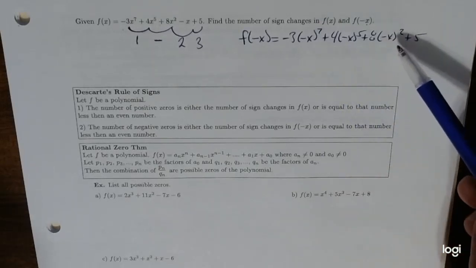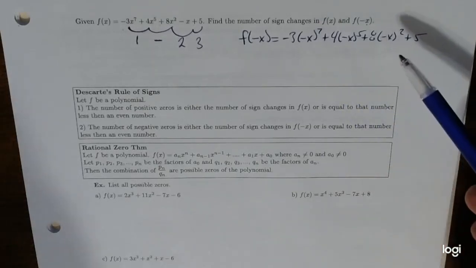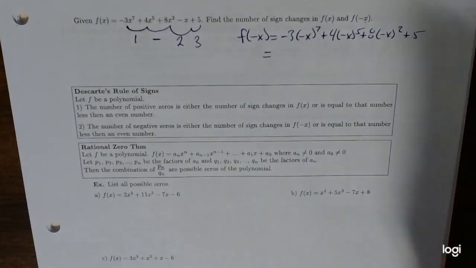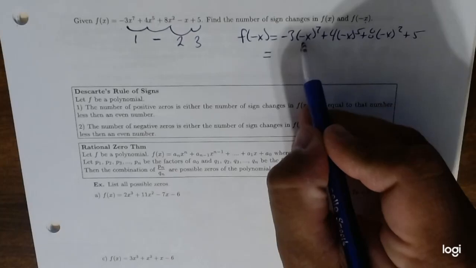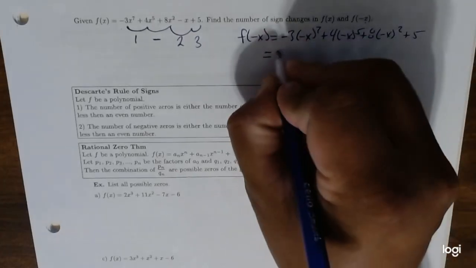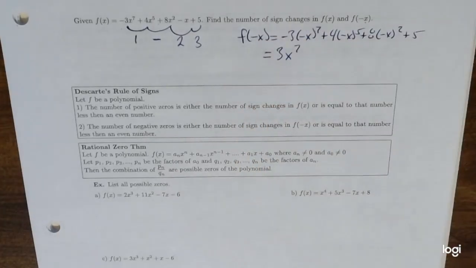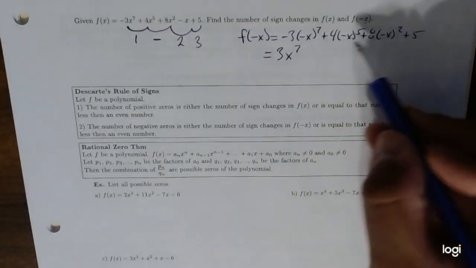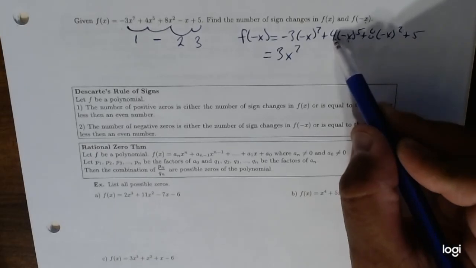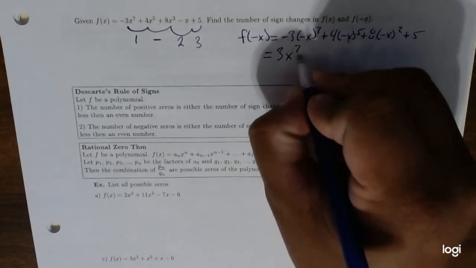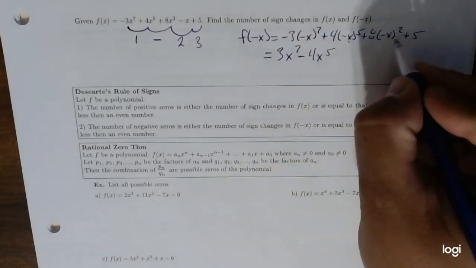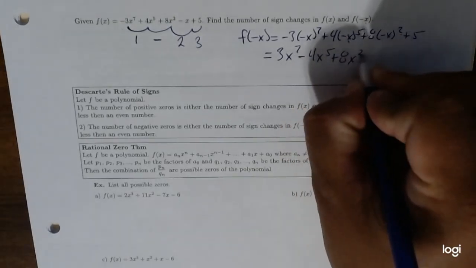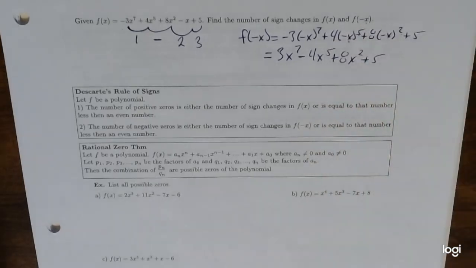If you have an even power, this negative becomes a positive. So essentially, all you're looking for is what happens to the negative. Since it's odd, a negative times a negative gives you a positive 3x to the 7. And the same thing applies here. This is a negative odd power, so this becomes a negative x on the outside, and times that positive 4 gives you negative 4x to the 5th. This is an even power, so this is going to be positive, so it's the same. And then the 5 doesn't change because it doesn't have an x.